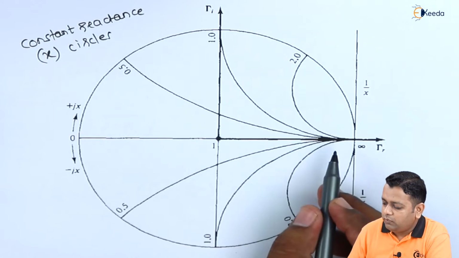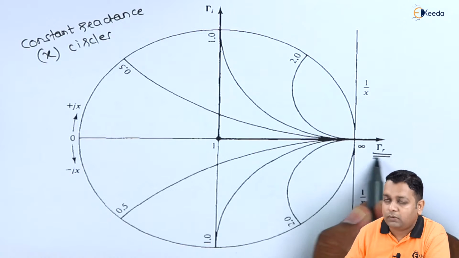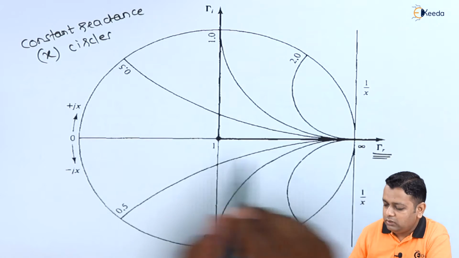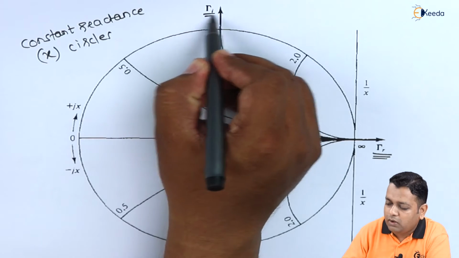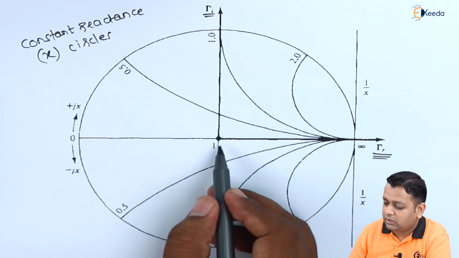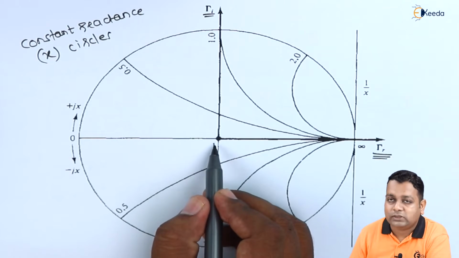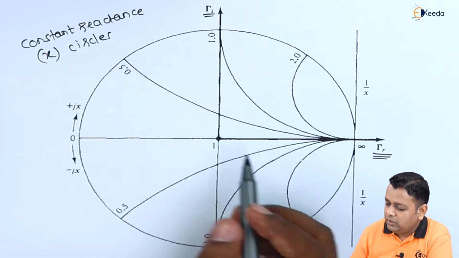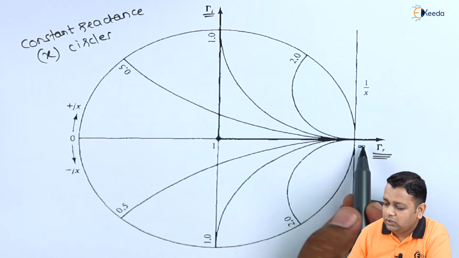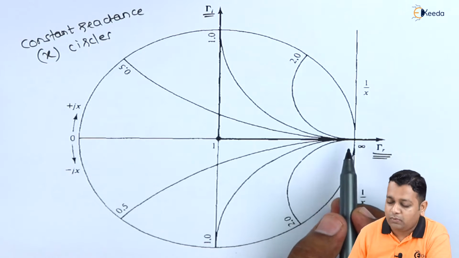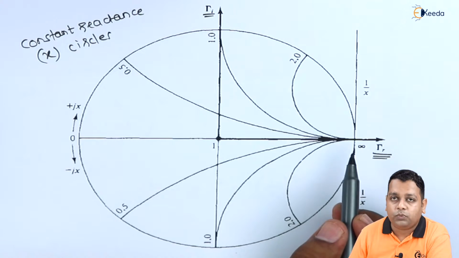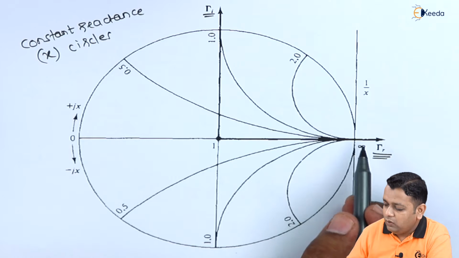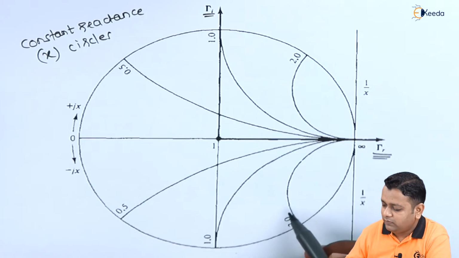In this particular plot we have the real part of the reflection coefficient denoted on the horizontal axis, and the imaginary part on the vertical axis, intersecting at the point. This is the center. We have represented 1 here. So initially we have 0 to infinity, from the previous schematic we discussed for the pure resistance, and now we have these circles.